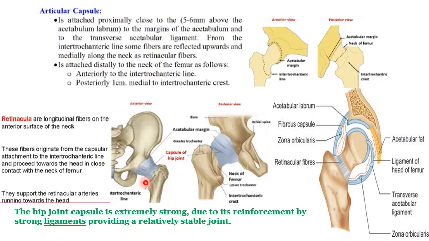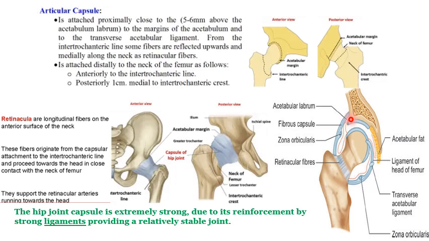When you come to the attachments of the capsule, proximally it is attached close to the acetabulum, a little away from the rim of the acetabulum, about 5 to 6 centimeters above the acetabular margin. Here you can see this is the acetabulum.